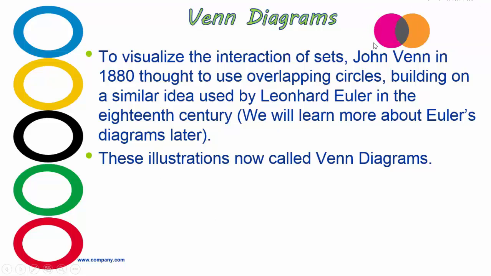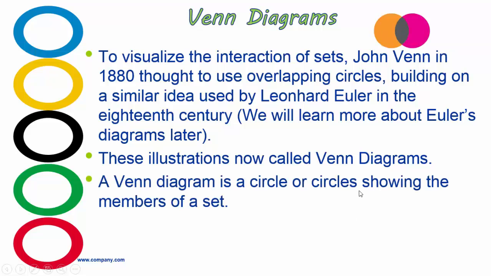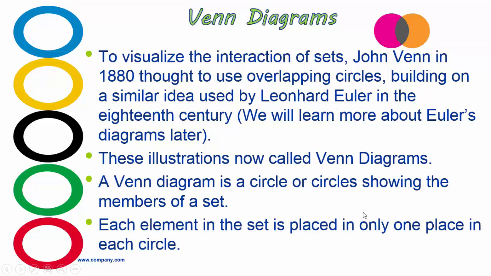These illustrations are called Venn diagrams. A Venn diagram is a circle or circles showing the members of a set, and each element in the set is placed in only one place in each circle.